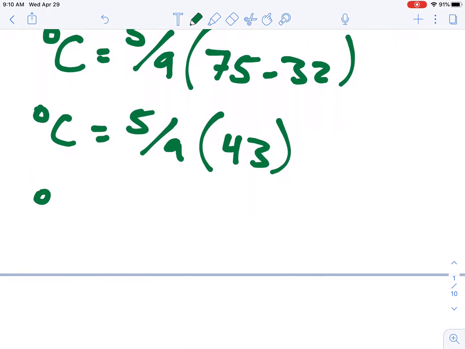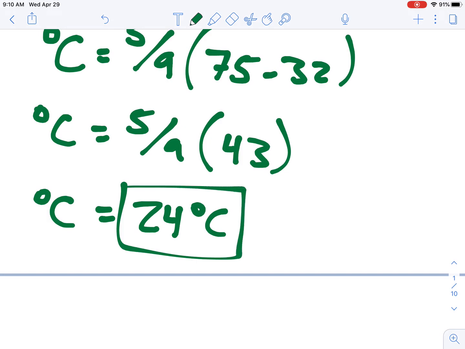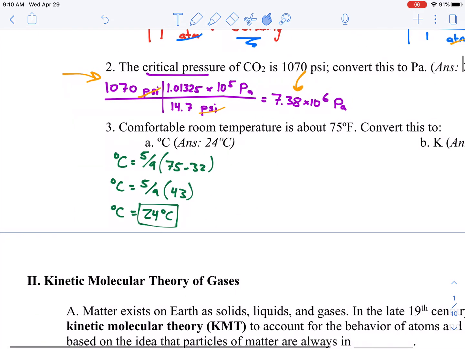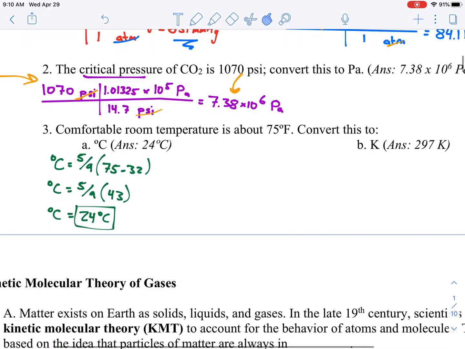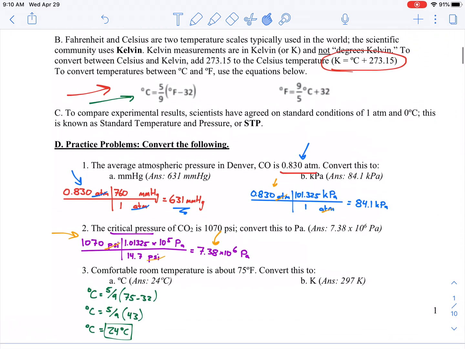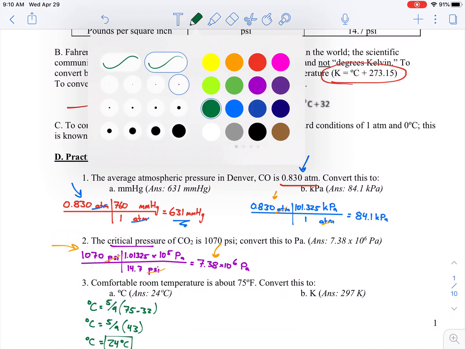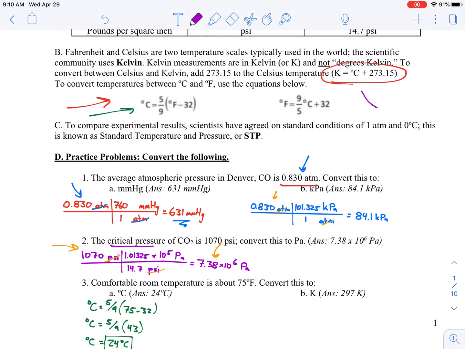And so really when you do that math, you'll get that your degrees Celsius is equal to 24 degrees Celsius. And 24 degrees Celsius can also be converted to a unit called Kelvin. So you'll notice up here that we gave you another conversion to convert to this unit called Kelvin.